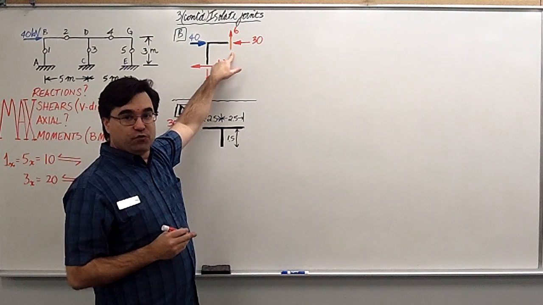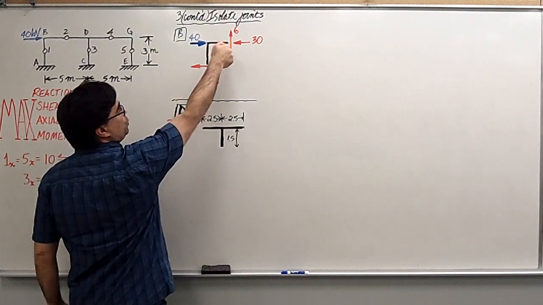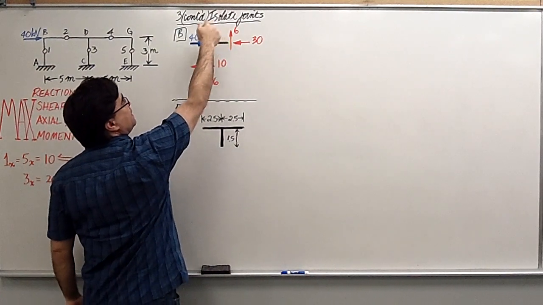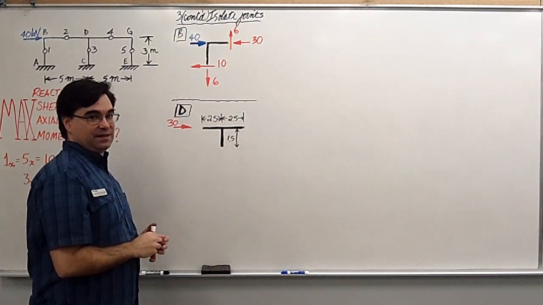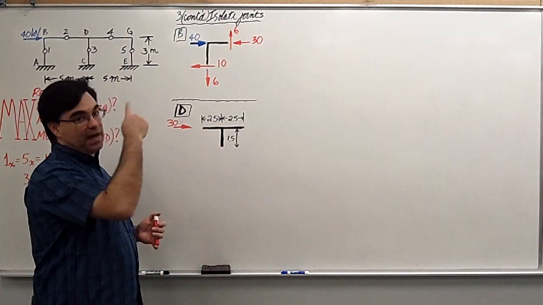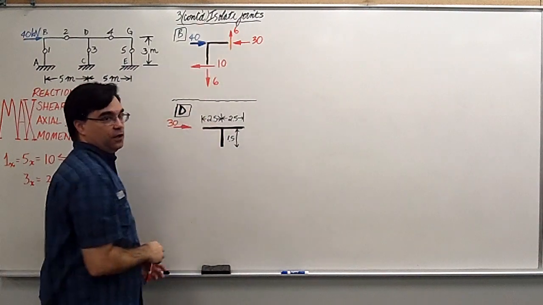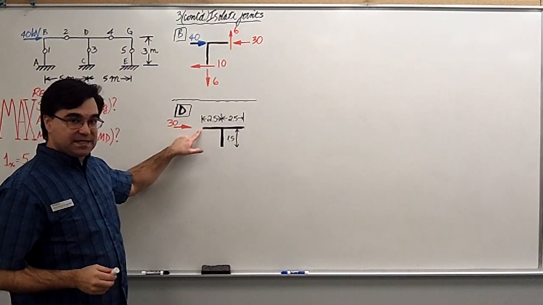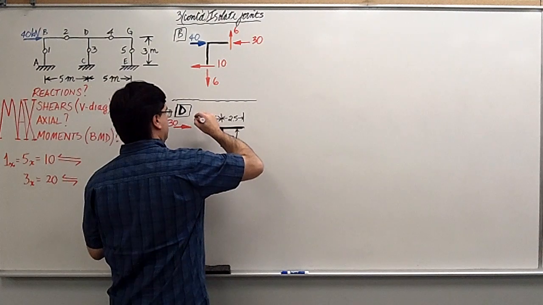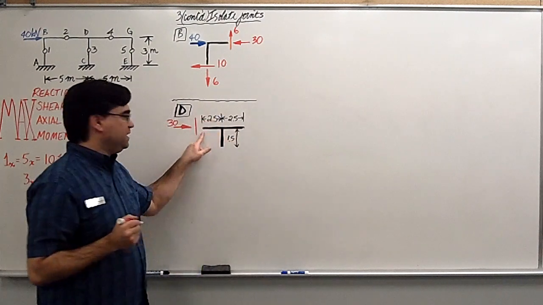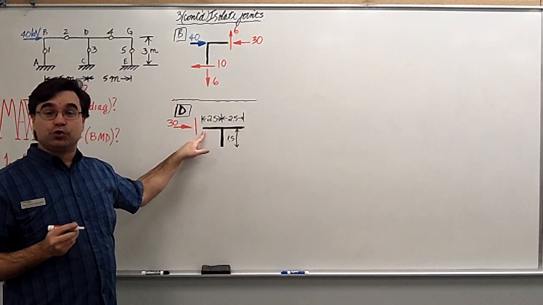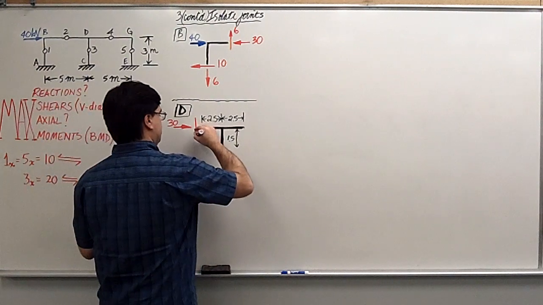6 is a shear force that's trying to turn this end clockwise. Okay? Sorry, counterclockwise. So 6 is trying to turn this end counterclockwise. 6 here must turn this end counterclockwise.